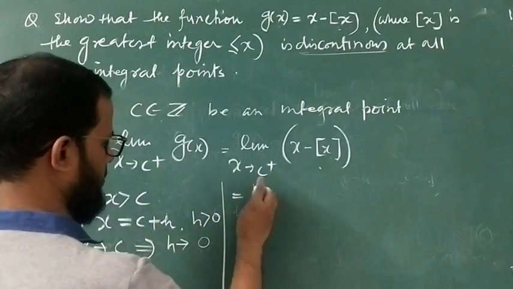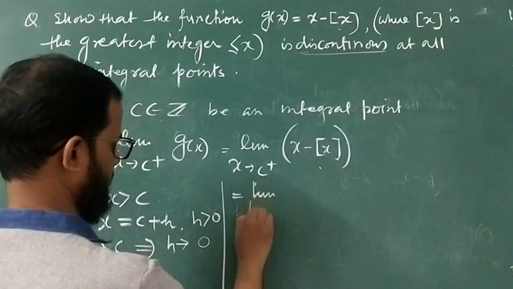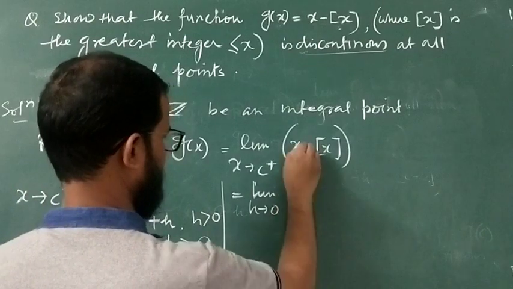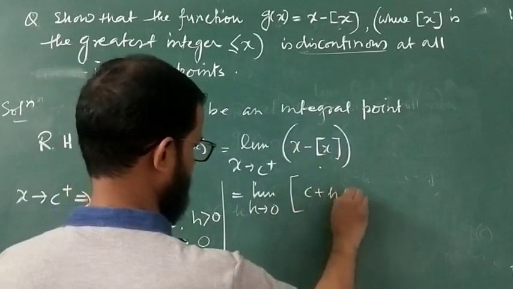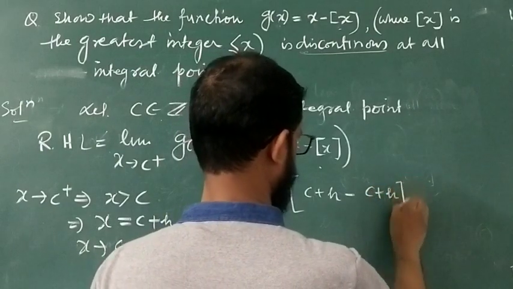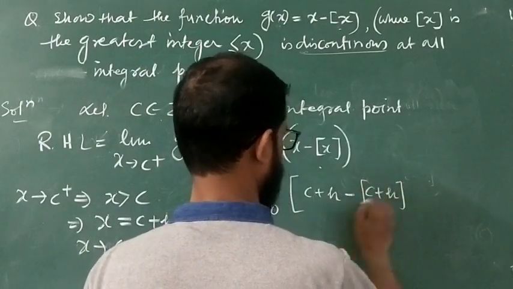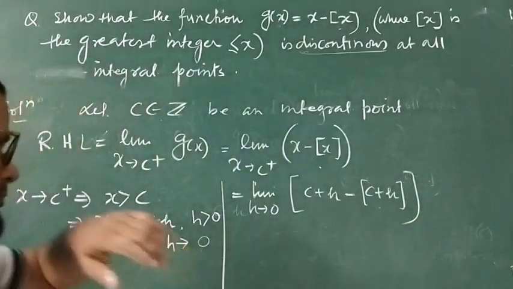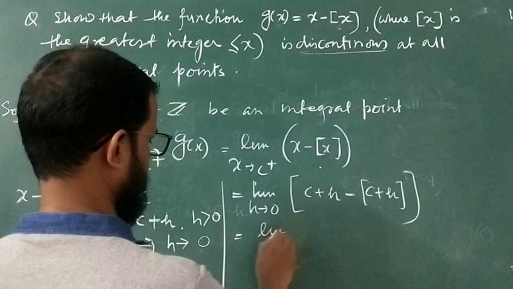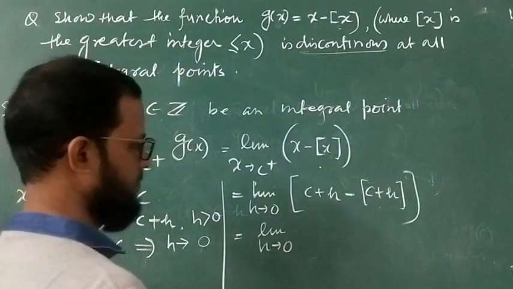So change the limit. Limit h tends to 0, and x can be written as C plus h, and box x can be written again as box of C plus h. Okay, give a third bracket here. Now limit h tends to 0, you got C plus h.